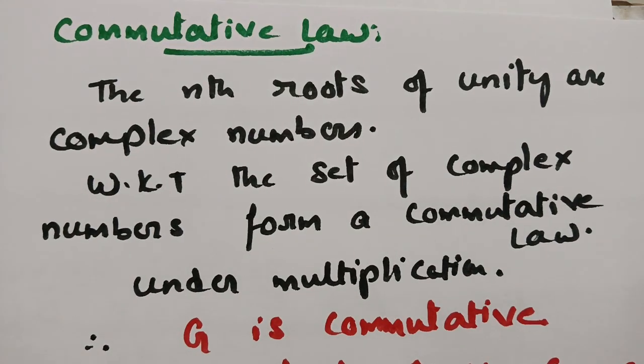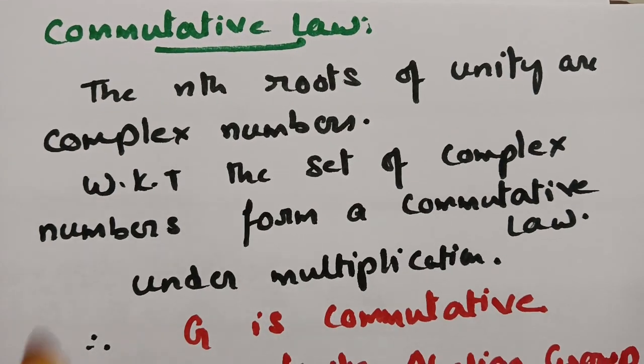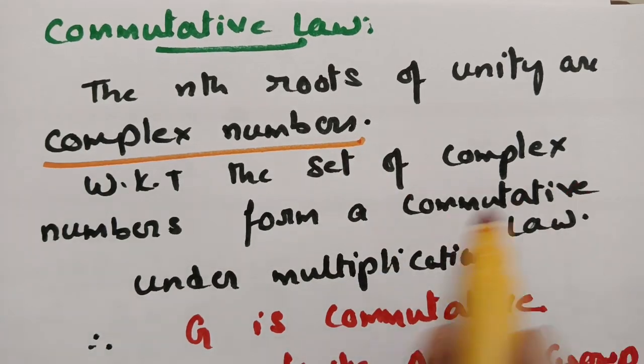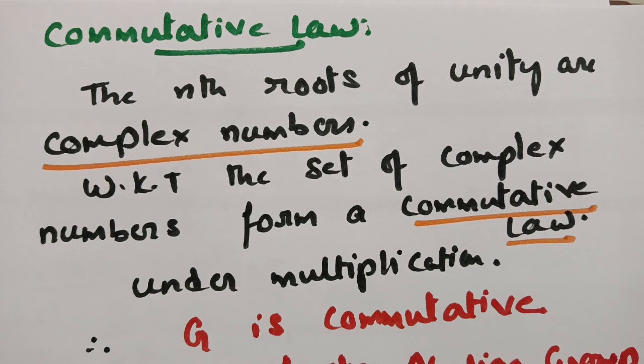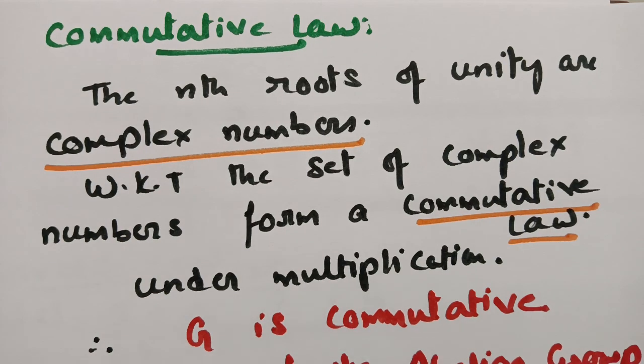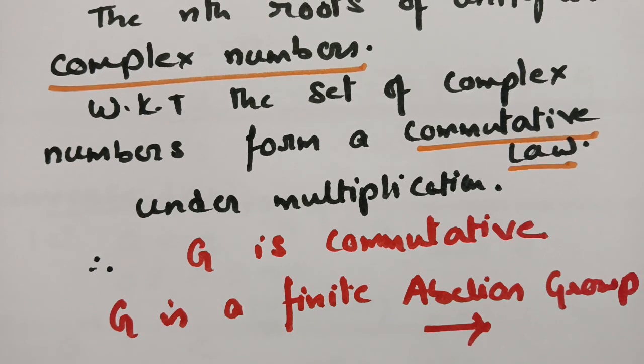The nth roots of unity are complex numbers, and the set of complex numbers is commutative. So A into B is equal to B into A under multiplication, therefore G is commutative. G satisfies closure, associativity, identity, inverse, and commutative law, and therefore we say that G is a finite abelian group.